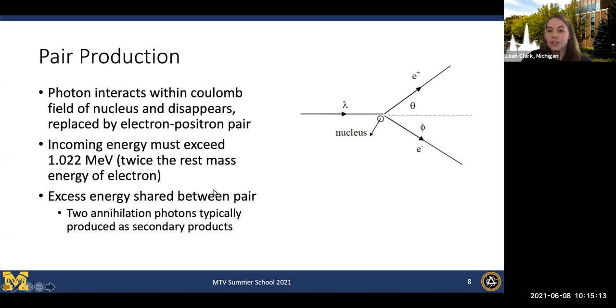The excess energy is shared between the positron and the electron if it is greater than 1.022 MeV. And sometimes the positron can then annihilate with a different electron, and then two annihilation photons are created as a secondary product to this entire pair production process.